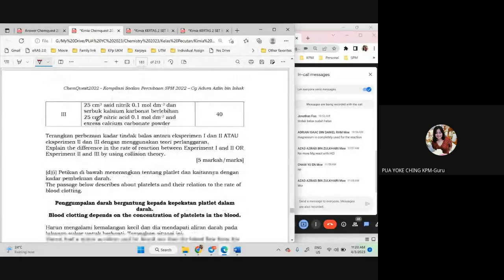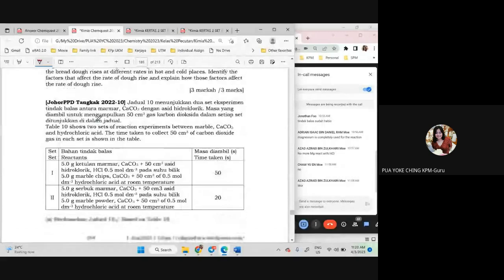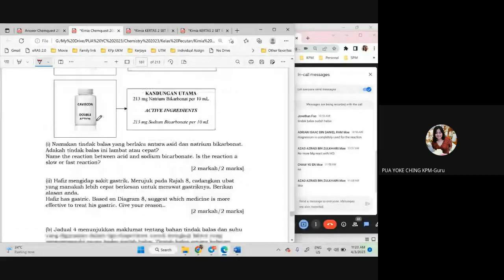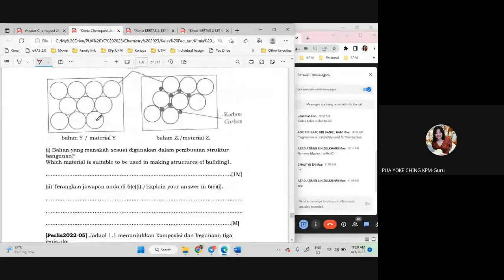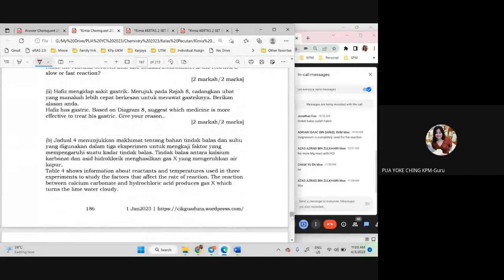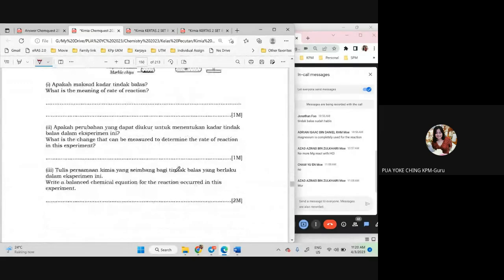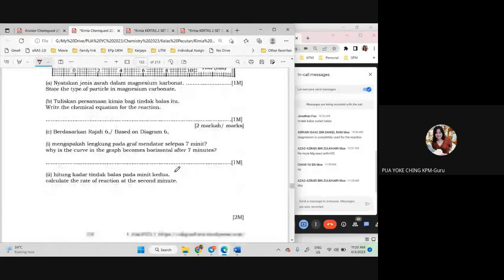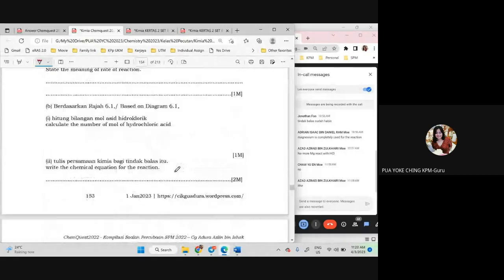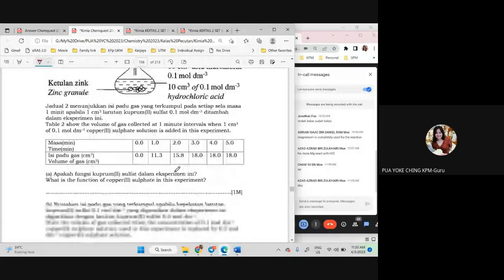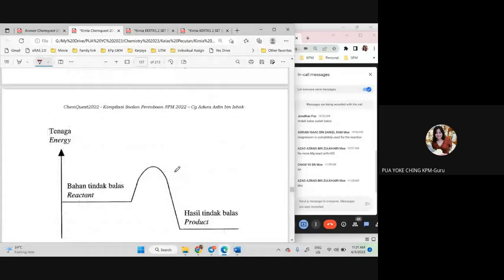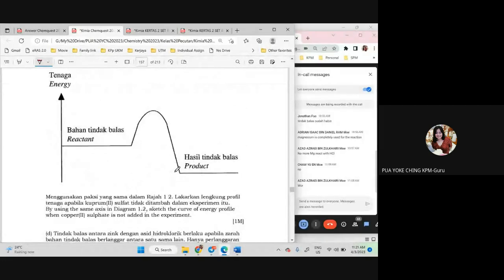Saya cari tadi baru saya jumpa. Okay, rate pun adalah satu bab yang sangat famous. Okay, dan usually kita pastikan pelajar mesti boleh buat. Sebab soalannya is always the same.